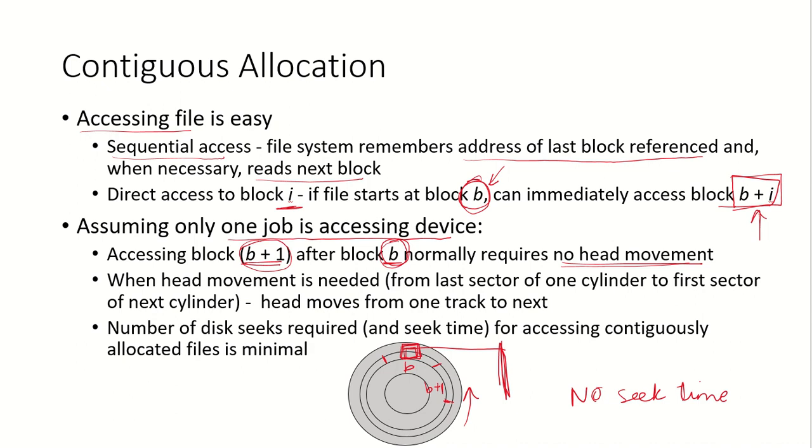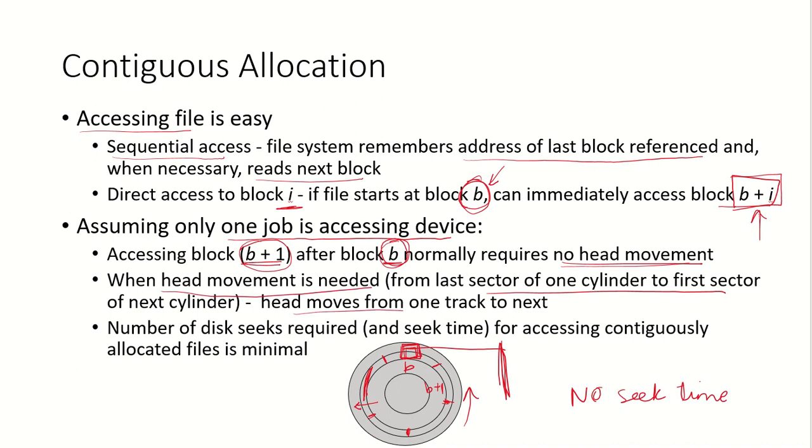Only when the last sector of one cylinder has been read, so if B plus 1 has been read, then B plus 2, then B plus 3, then the next block, and now we want to go to the next block of the next track, then only the head movement is needed.